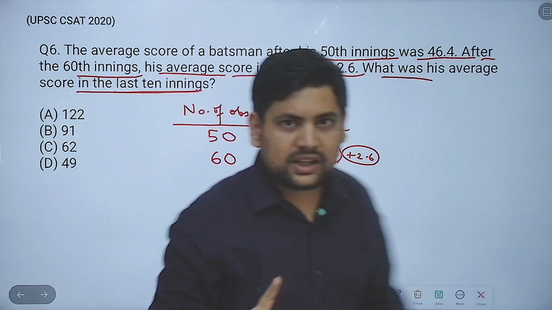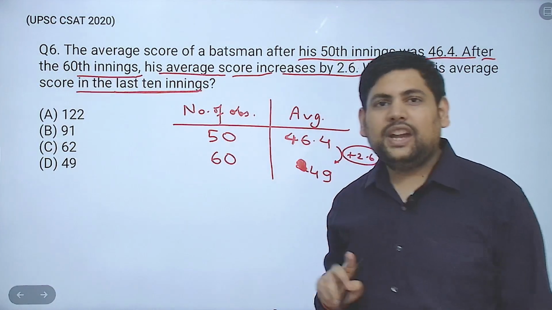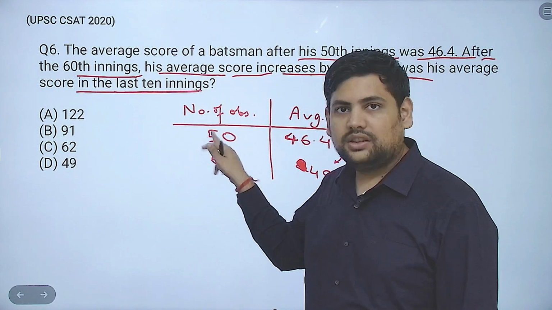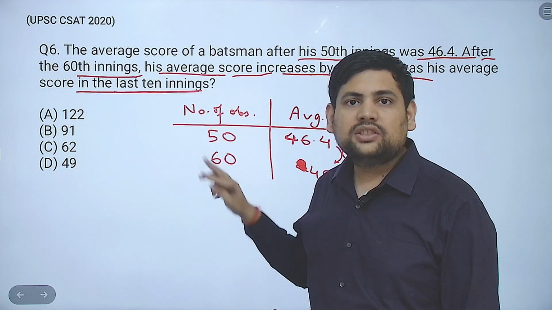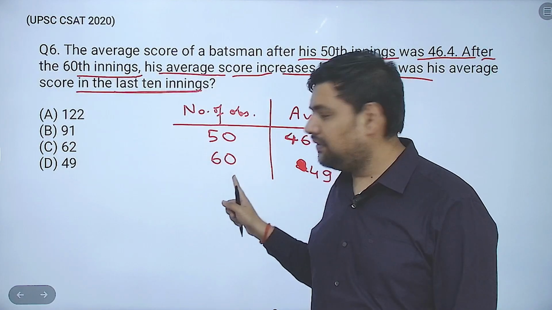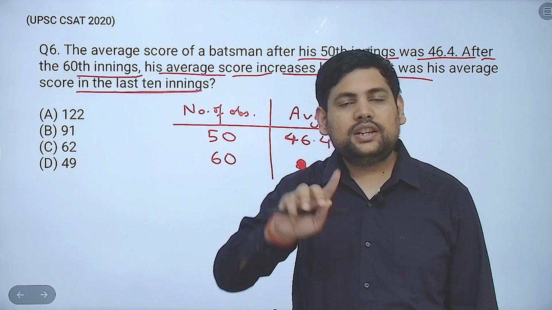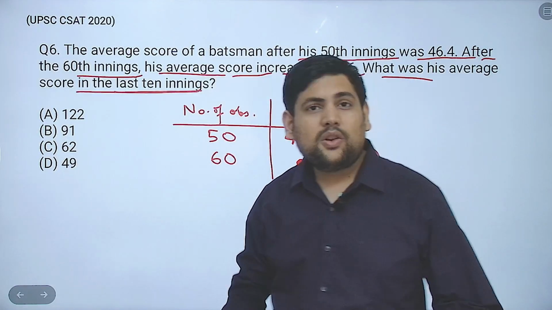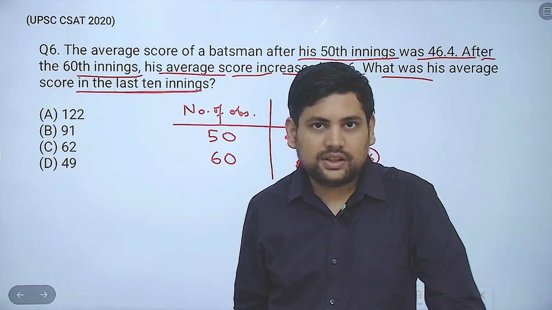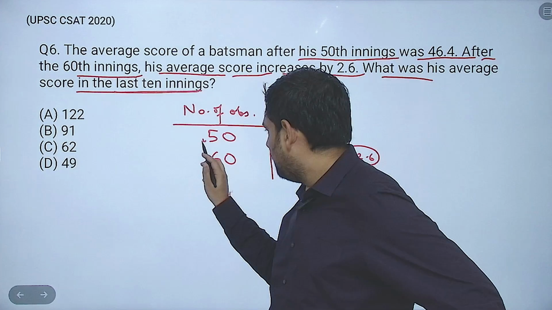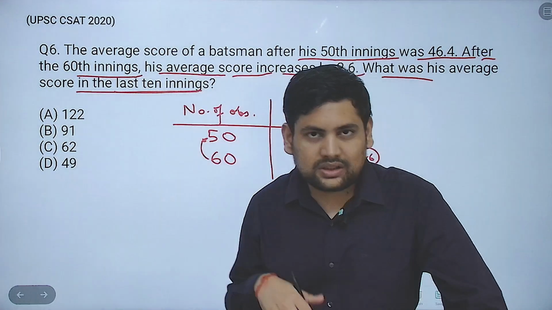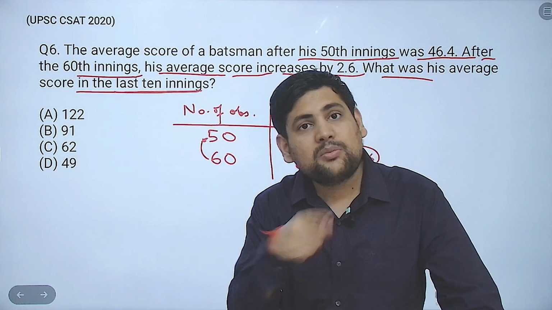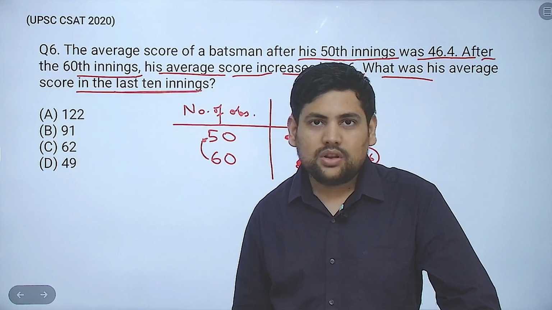Now understand, in most of those questions, the difference between them was usually 50th and 51st. So there was only one innings and you got it directly. But we had also done a question on twin brothers, where whatever sum we get using that smiley method is actually the sum of weight of those two brothers.